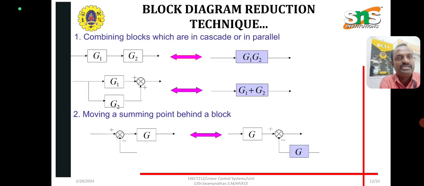Following this, the group discussion: we will discuss the block diagram reduction technique in pictorial form. Combining the blocks G1, G2 means multiplication of G1 and G2. Parallel means G1 plus G2.